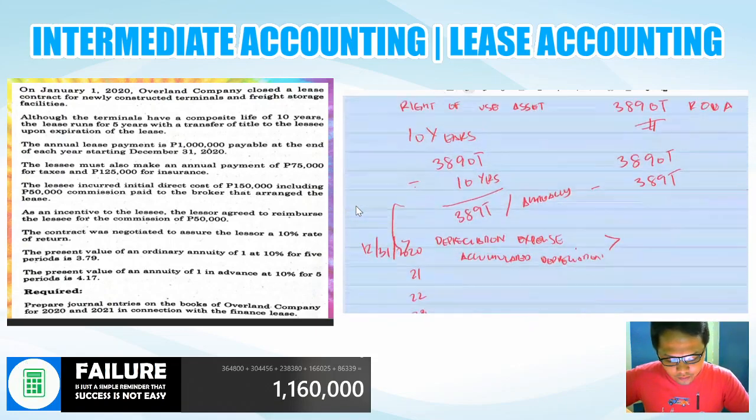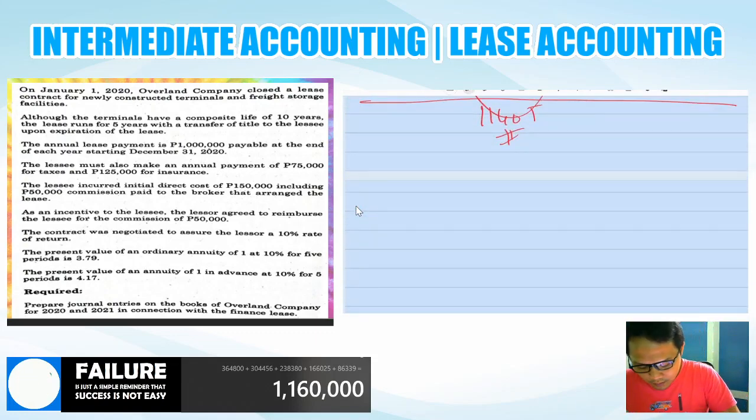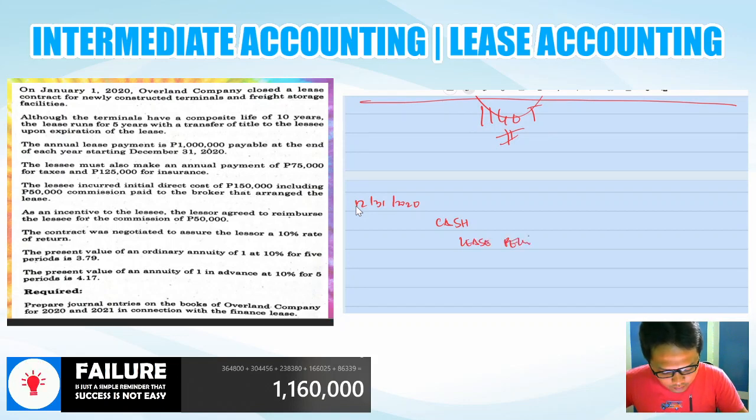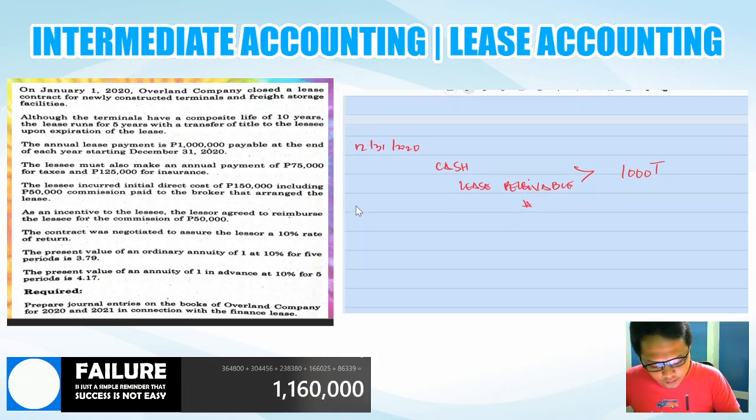So, how are we going to journalize that? On 12/31 or December 31, 2020, first entry, the collection. Debit cash, credit lease receivable, at 1 million. Okay? Next entry, the interest income.